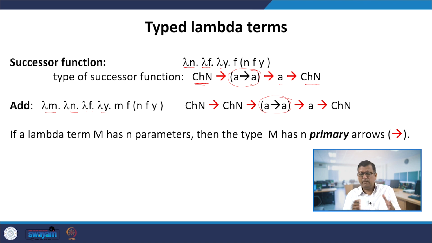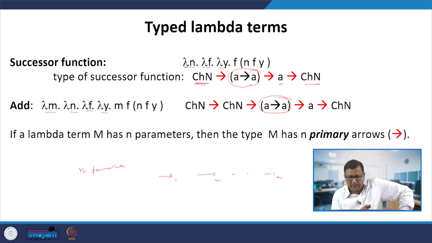So, we have to identify these red arrows, and that number of red arrows will be the same as the number of parameters. So, if you are given n parameters, there will be these n red arrows, 1 to n, and then we see individually whether each has itself a structure or not. If it is a variable, it will be just A or B, whatever.